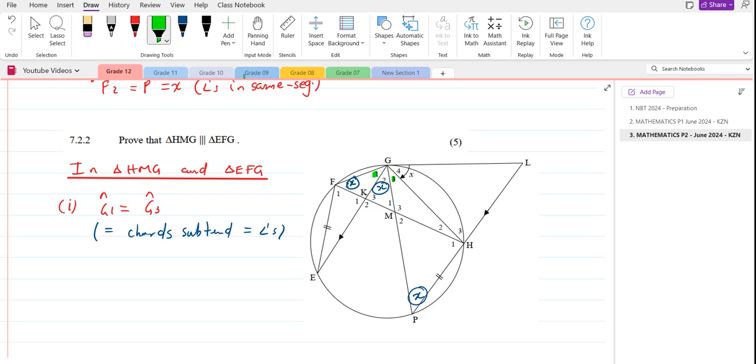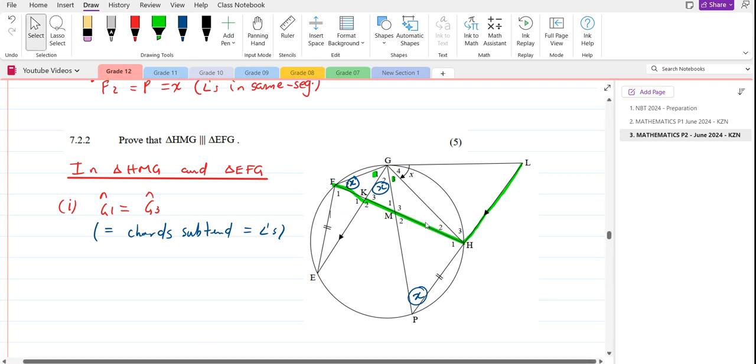Parallel lines. Can we take a parallel here? Let's take a parallel here, go up, and go up here. Will that be a parallel line as well? What else?